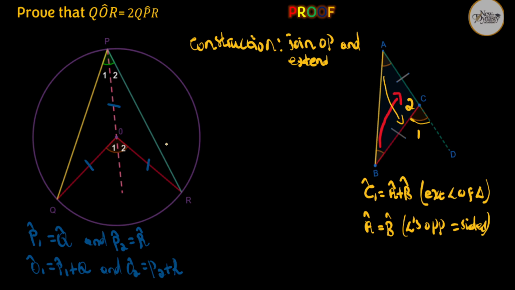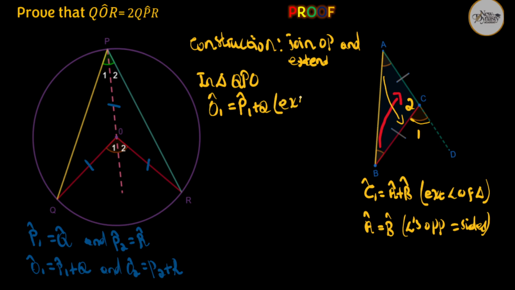So after doing that, this is the formation of those two triangles and the formation of the radii inside there. Then what we see here in triangle QPO, we can see that our O1, we've already said this. Let us just put it into practice. O1 equals P1 plus angle Q. What is the reason for this?